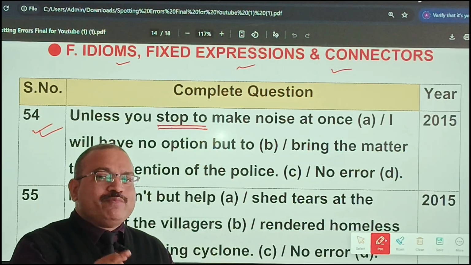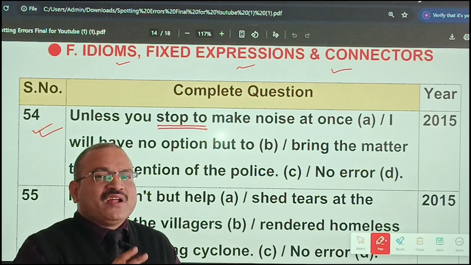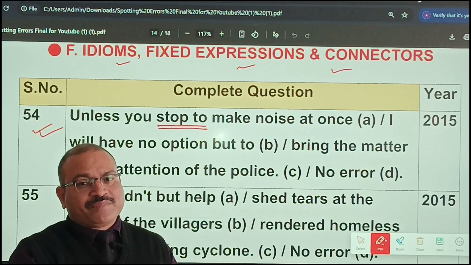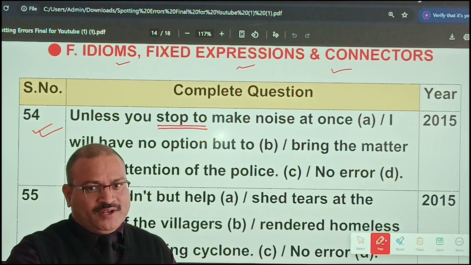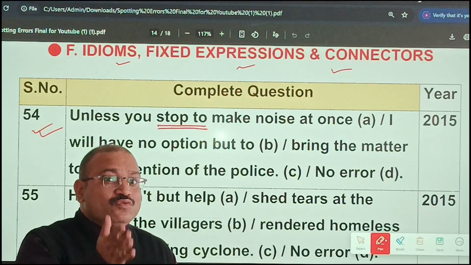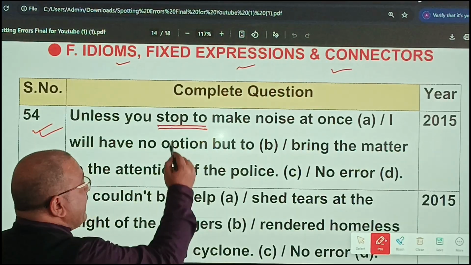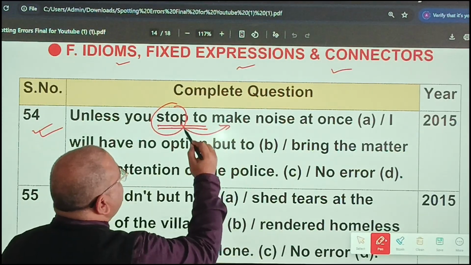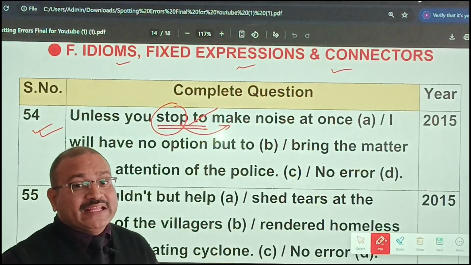Stop will be followed by to when you stop for a purpose. I stopped there to drink water. This is okay. But when some activity is going on and then you have to stop it, then the same verb stop will take what? Ing. Stop making the noise. To will not be there.